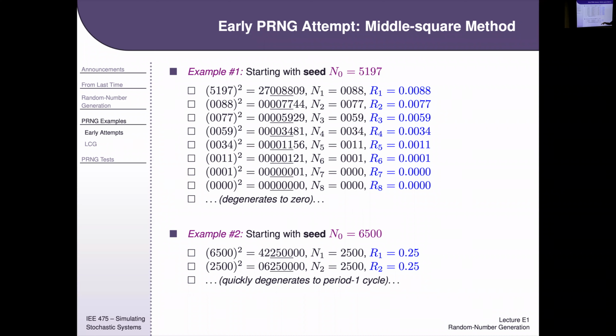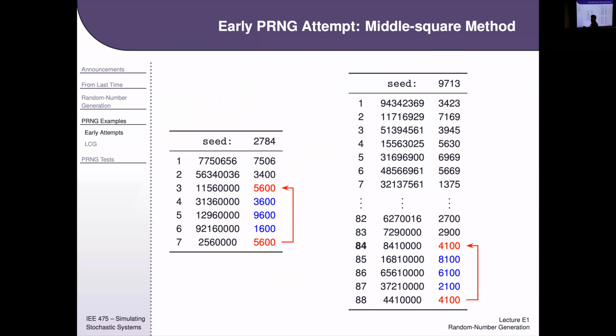So you start with this seed, 6,500, you square it, you get a 2,500 seed, which in the end, after you go through this process, you keep getting over and over and over again. So you get this same number, and you don't have uniformity there. So based on the seed, you get different streams that aren't really that great.